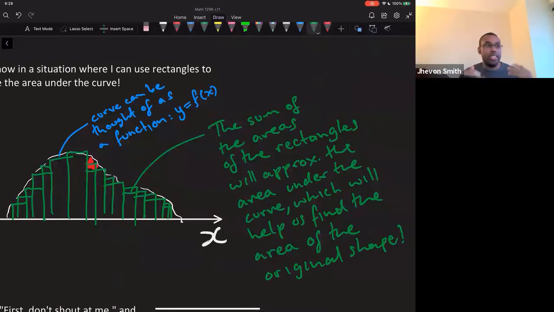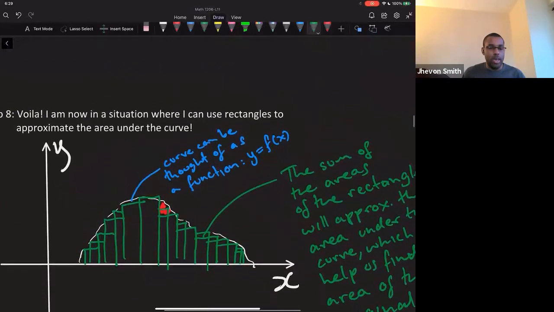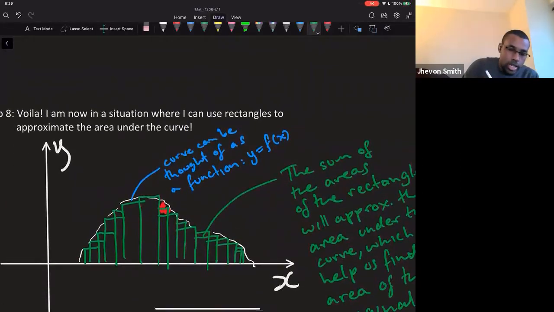So this brings us into a more sophisticated method, because what you can realize now is that with this, I'll be able to figure out the height of any rectangle just by picking a certain coordinate. So if this is some x here, then the height is going to be some f of x. And if I know an x1, so f of x1, and I know an x2, I can essentially know the height and the width of the rectangle.